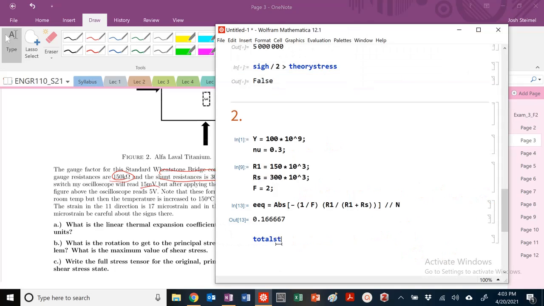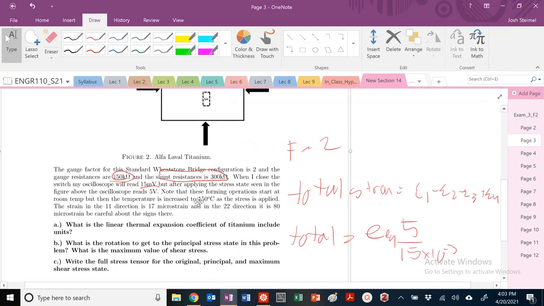Our total strain equals 5 divided by 15 times 10 to the minus 3, times our EQ. Let's put it out on the front. And there we go. That's quite a large strain value, but again, not completely unheard of.